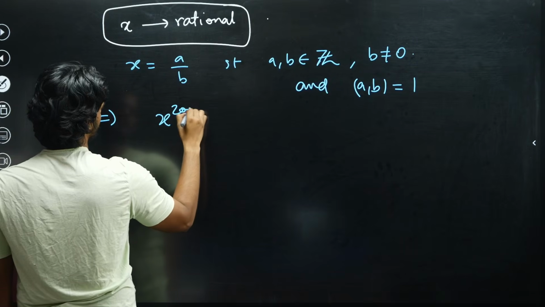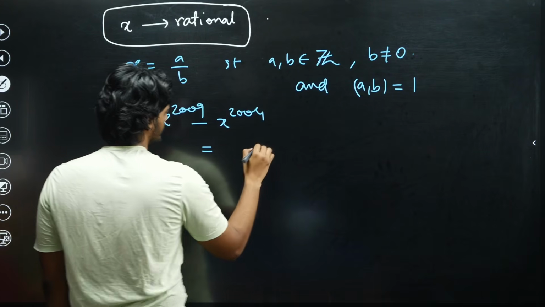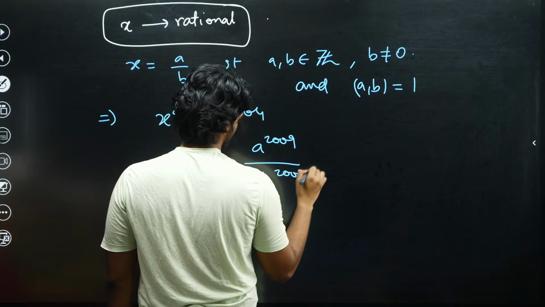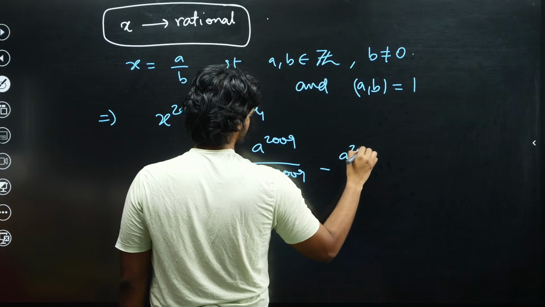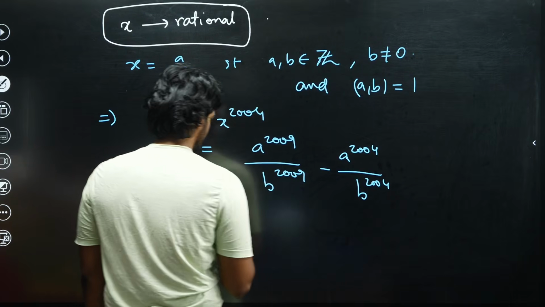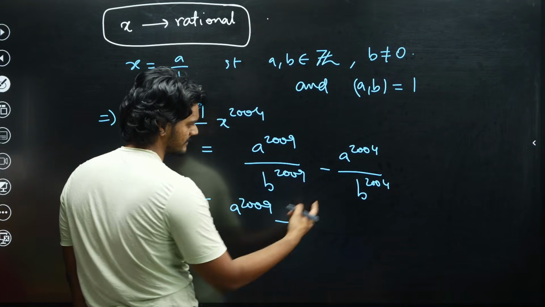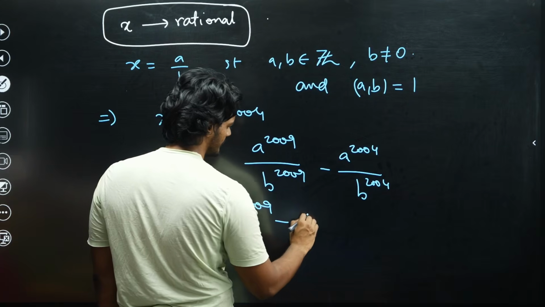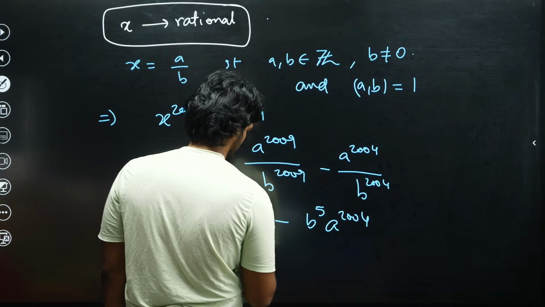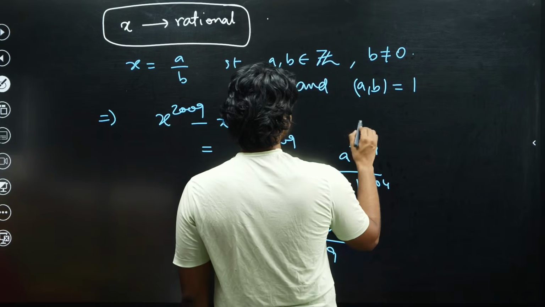So x power 2009 minus x power 2004 will be equal to a power 2009 by b power 2009 minus a power 2004 by b power 2004. If I take the common denominator, this is a power 2009 minus b power 5 a power 2004, over b power 2009, and this has to be an integer.